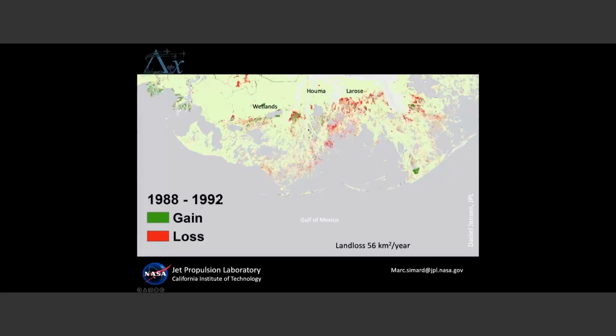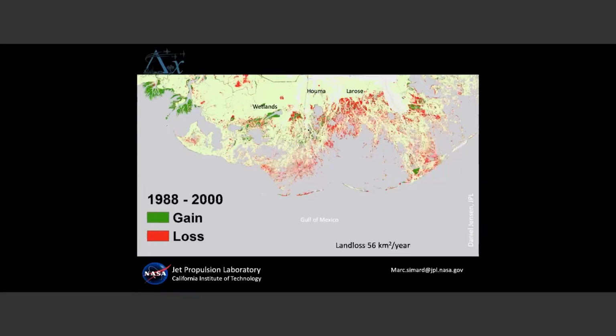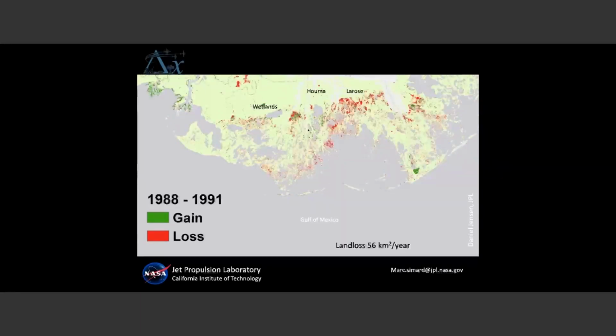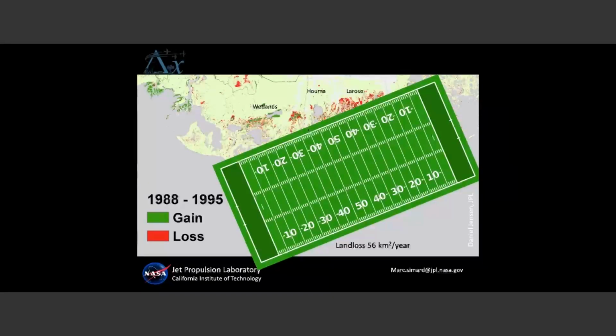So currently in the Mississippi River Delta, we're losing about 56 square kilometers of land every single year. If you spread out this land loss through the year, it's similar to a football field of land lost every single hour.